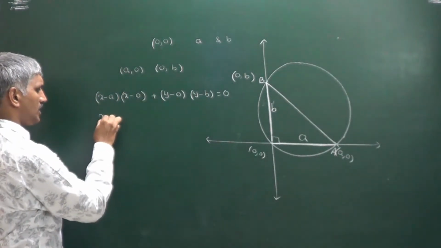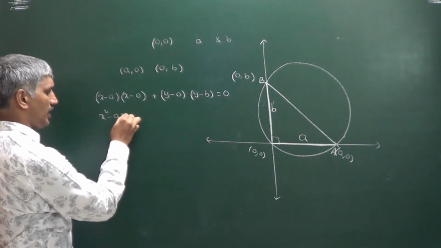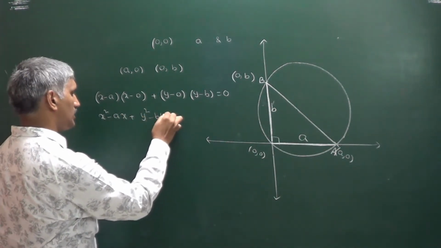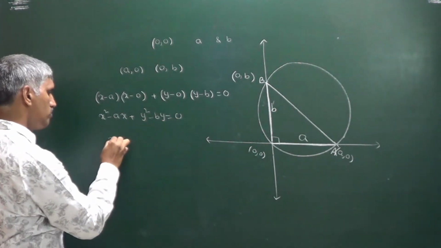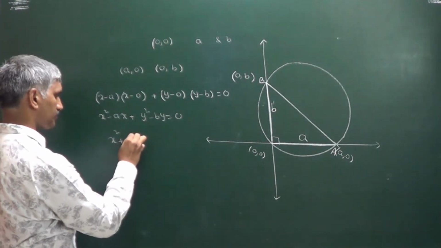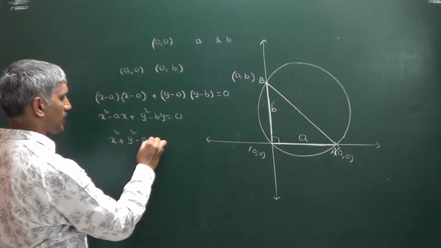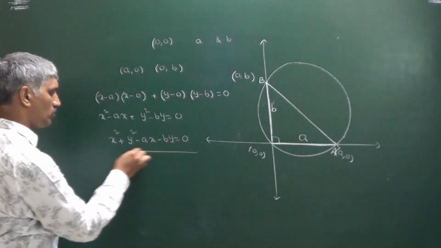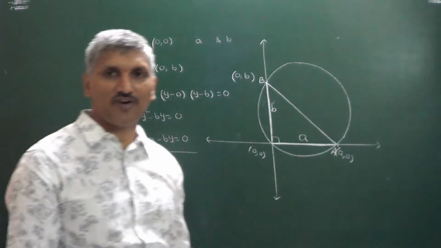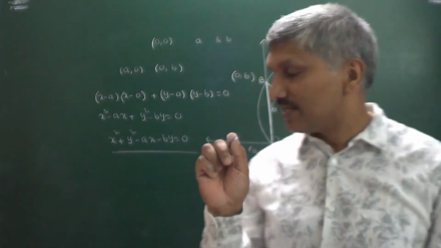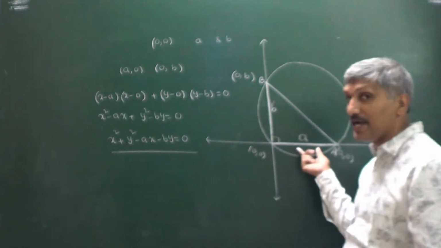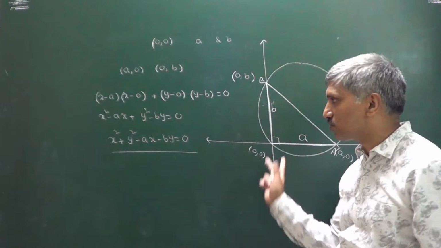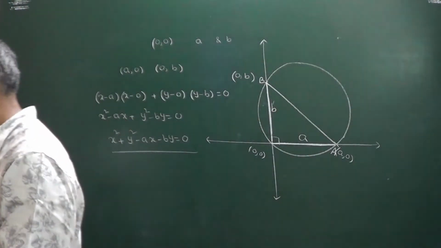That is nothing but x square minus ax plus y square minus by equals 0. So x square plus y square minus ax minus by equals 0 is the equation of a circle when the intercept made by the circle on x-axis is A, on y-axis is B. So that is the equation of a circle.